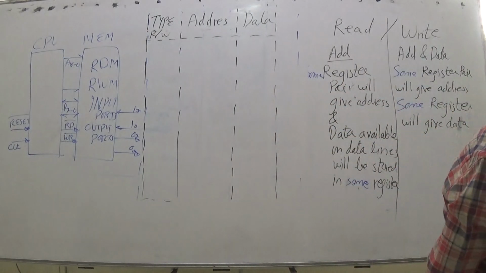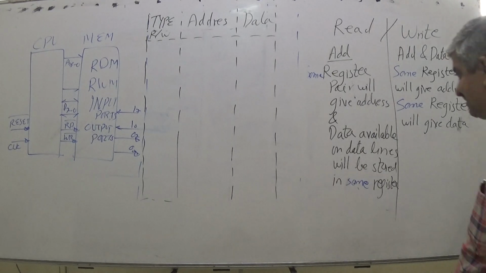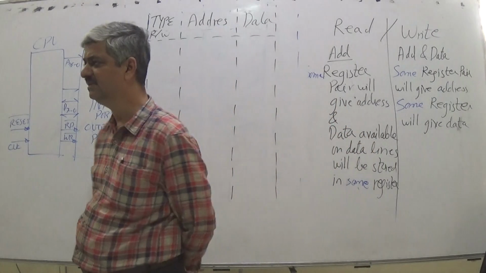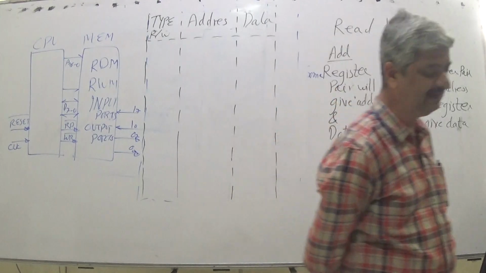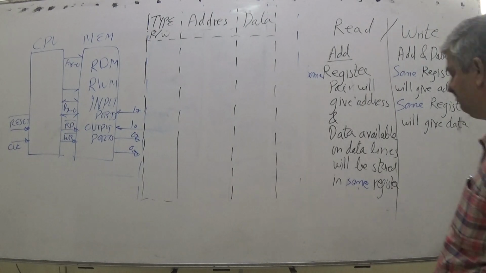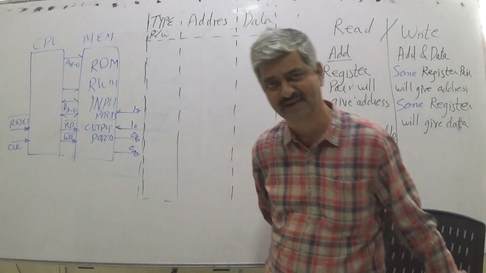If it is a read cycle, some predefined register must give the address, and data will come, and something is to be done with the data. If it is a write cycle, some predefined register will give the address, some predefined register will give data, and that is to be written.